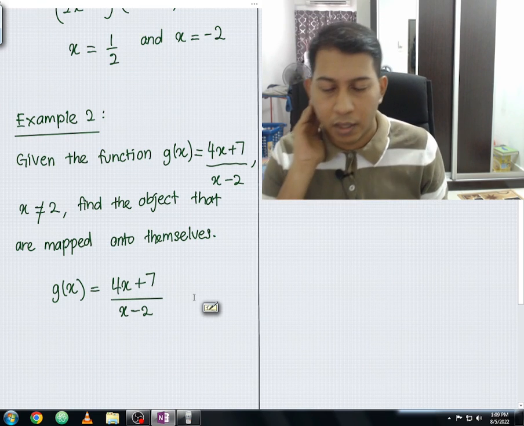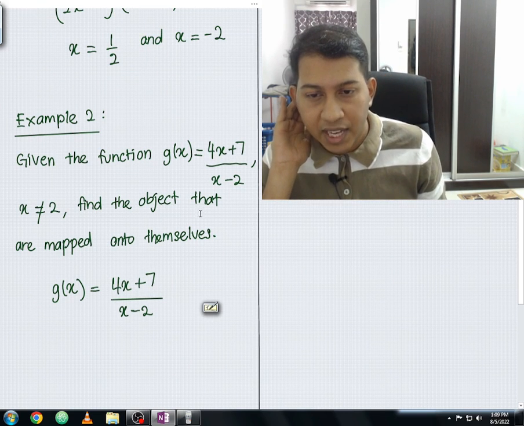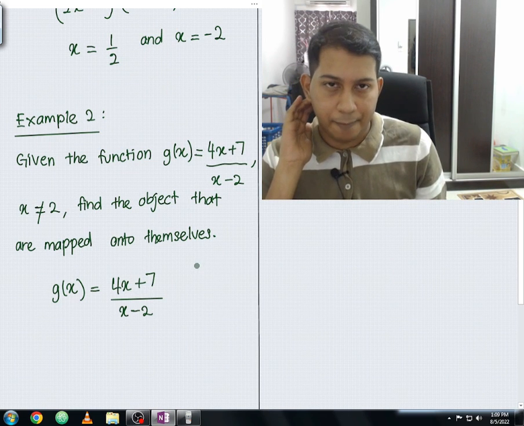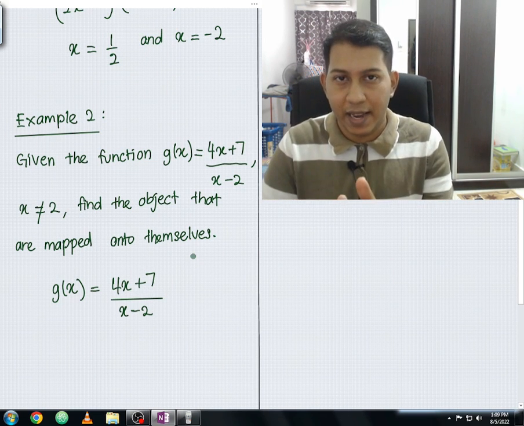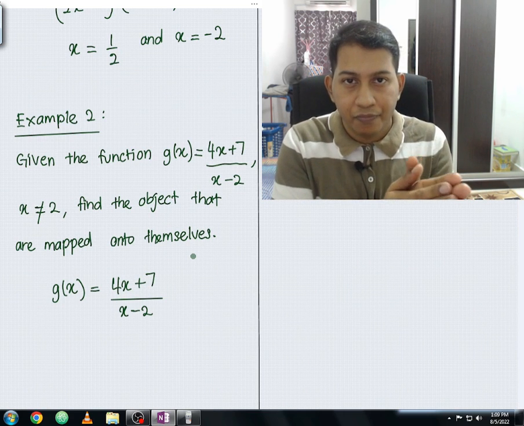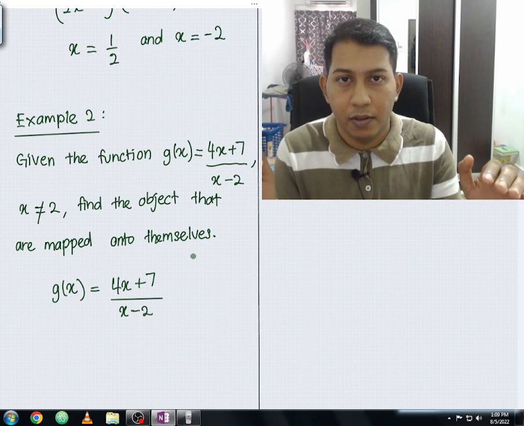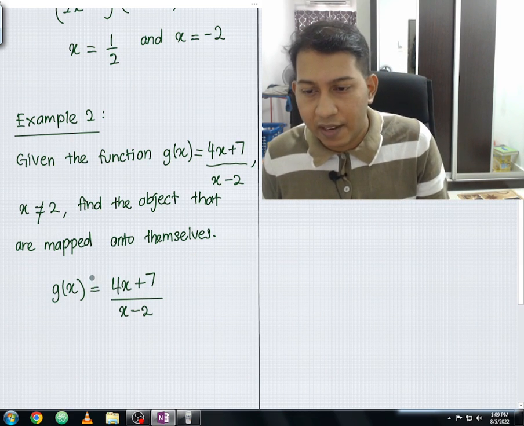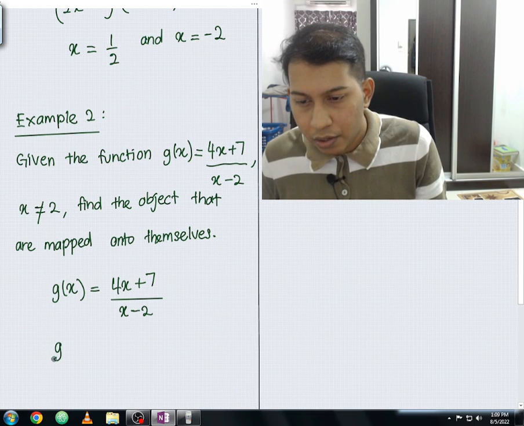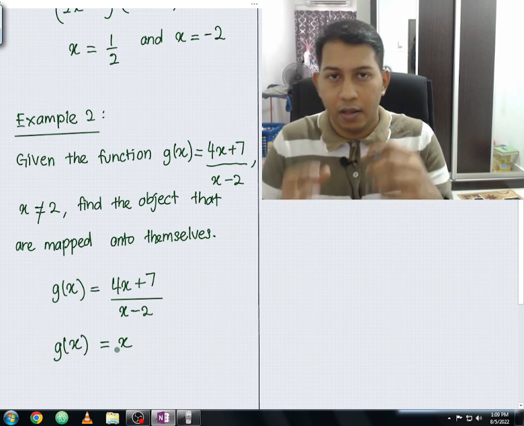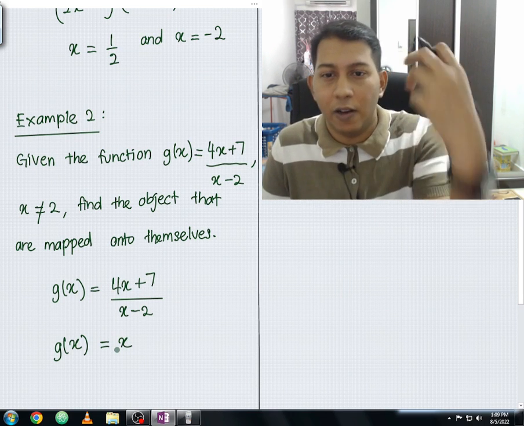Objects that are mapped onto themselves. What does this mean? This means that your object and your image are exactly the same. Mapped onto themselves means your g(x) is literally equal to x. Your input and your output are the same.